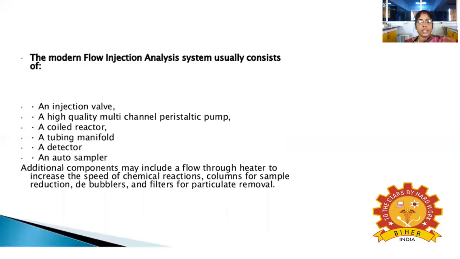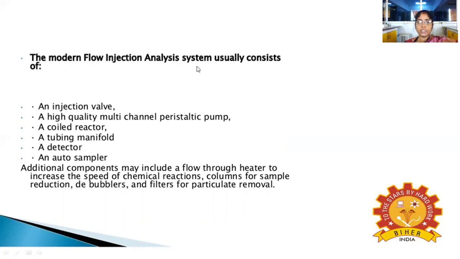Okay. So when we talk about FIA analysis, this analysis was always done in a manual method, but nowadays, as the technology has advanced and the need for chemical analysis has increased, an automated flow injection analysis has been developed. That system we call a modern flow injection analysis system.